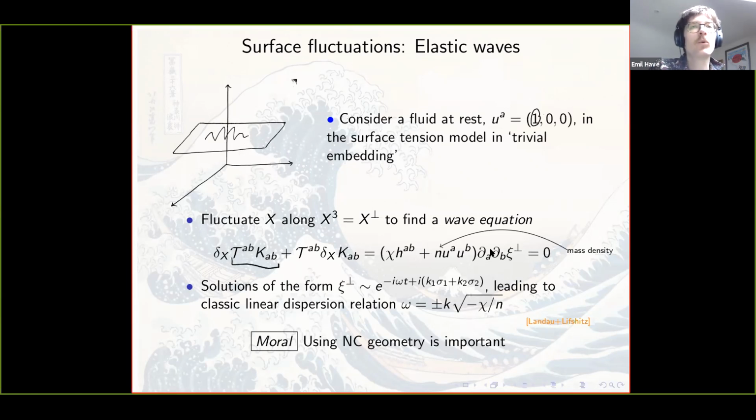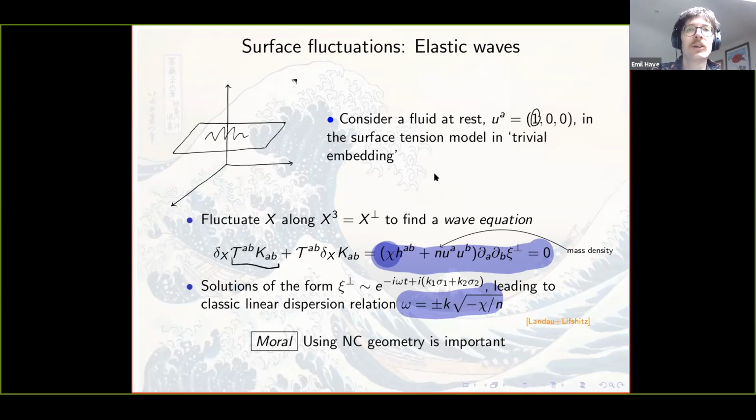What you get is a wave equation of this form here, which gives rise to a dispersion relation, as shown here. This really is the classic Landau-Lifshitz result for the dispersion of elastic waves in thin elastic sheets.